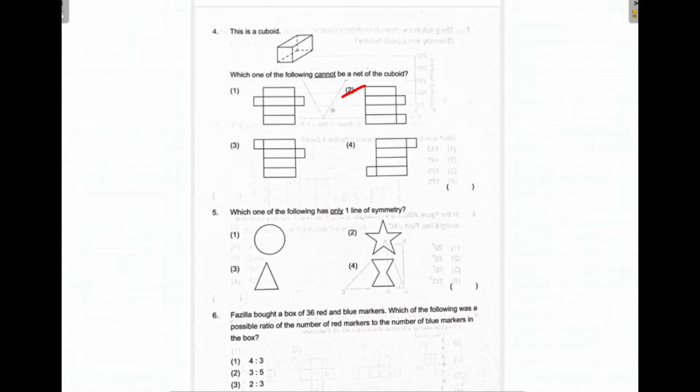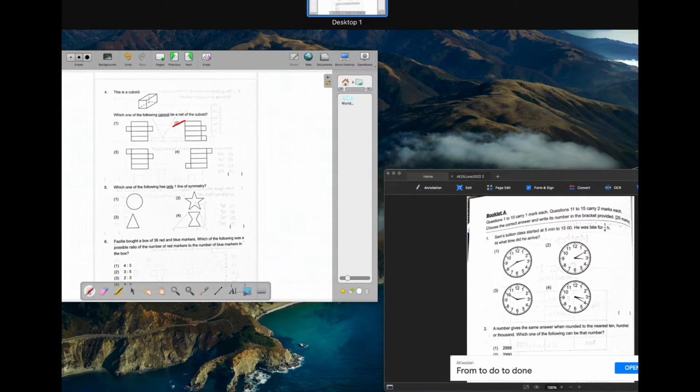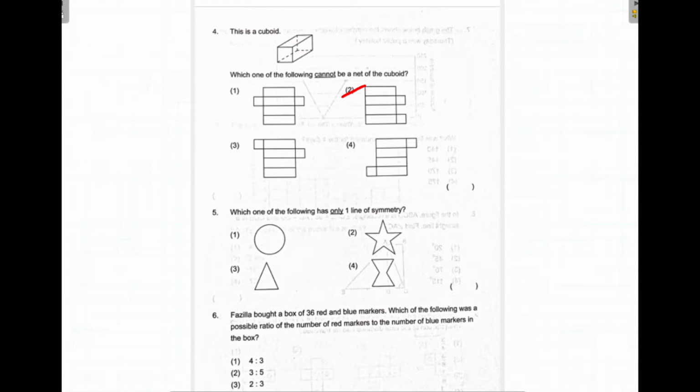You can try this out by cutting the pattern out and then folding, as what I did previously in other assessments. Okay, then we'll go to question number 7.